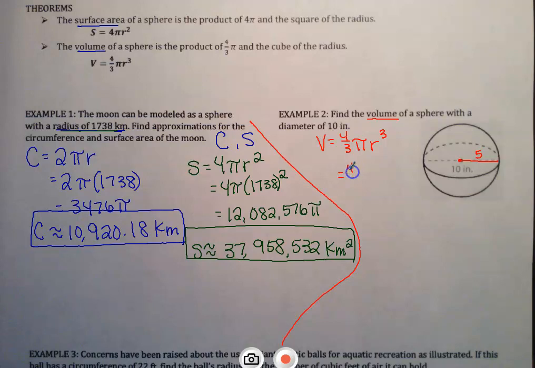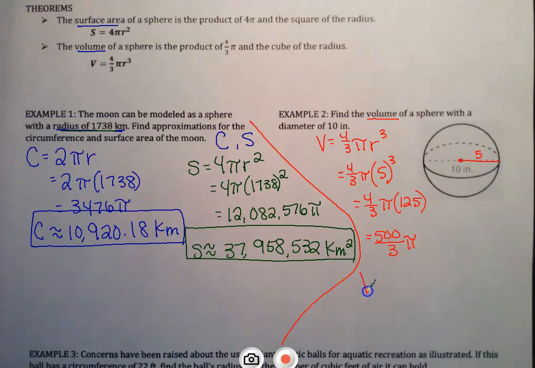So this equals 4/3 pi times 5 cubed, which is the same thing as 4/3 pi times 125. 4 times 125 equals 500. So 500/3 pi.